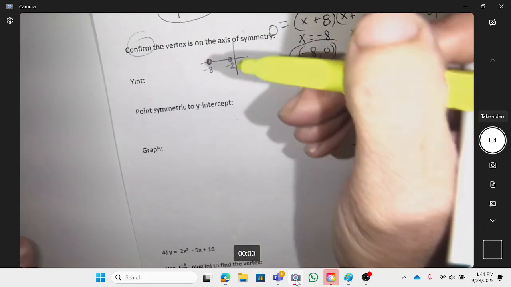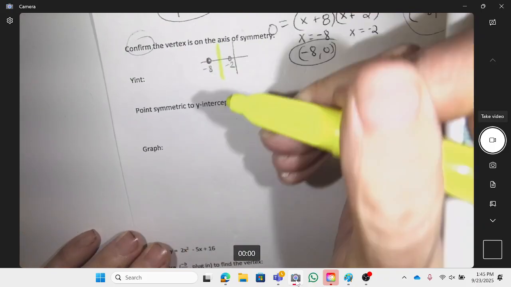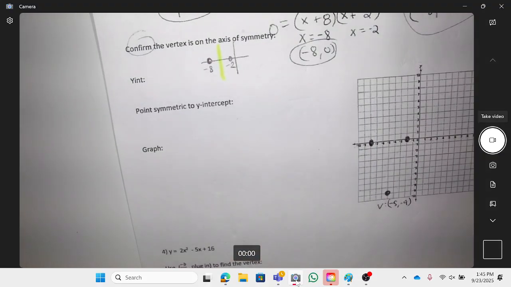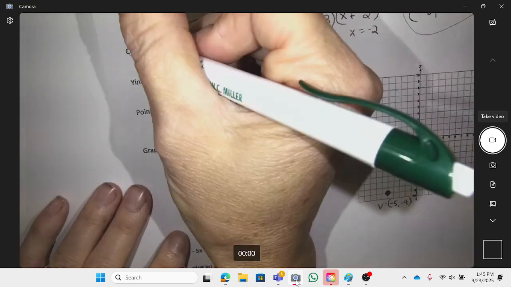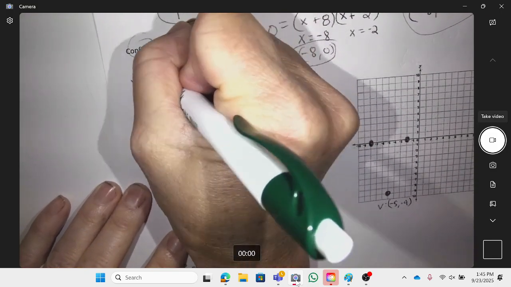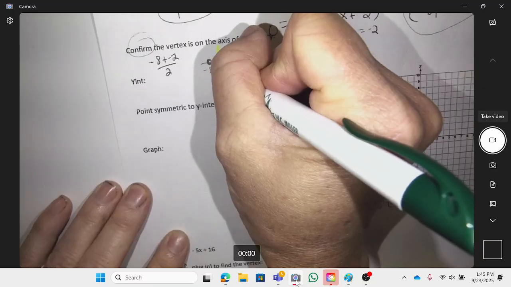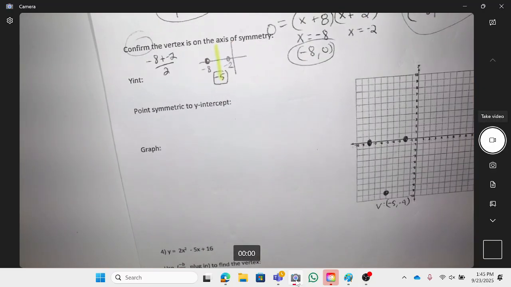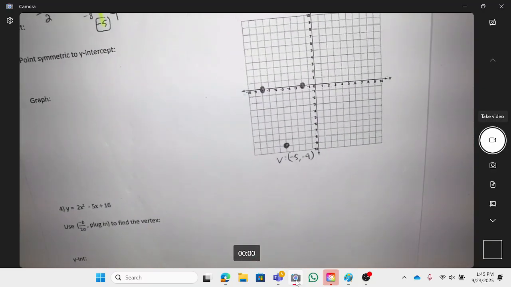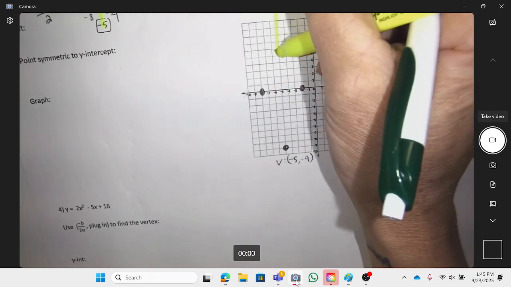So they're partners. So what do I know about the cut line, the axis of symmetry? Where should it fall with symmetric partners? In the middle. Add them up. Negative 8 plus negative 2 is negative 10. Divide by 2 is? Negative 5. Does that negative 5 number?